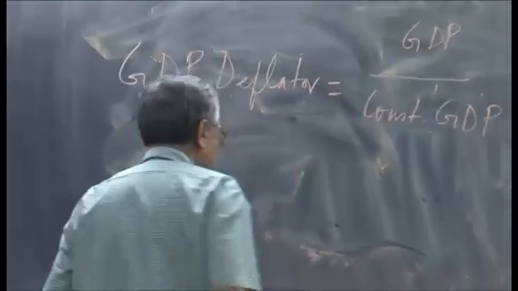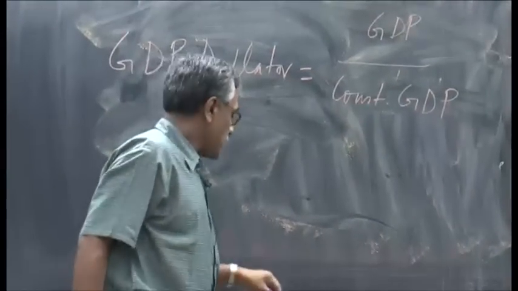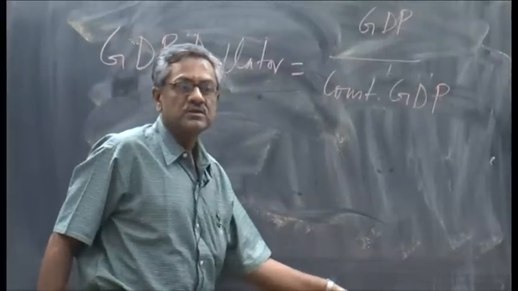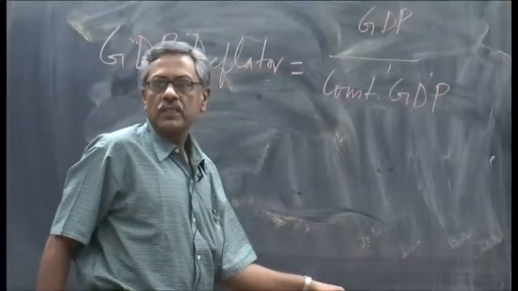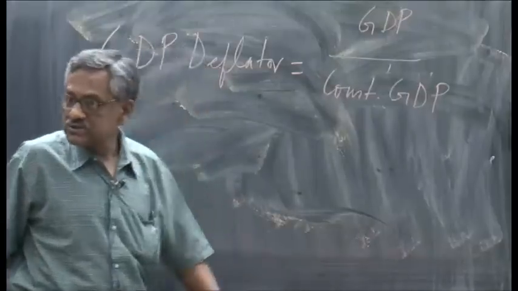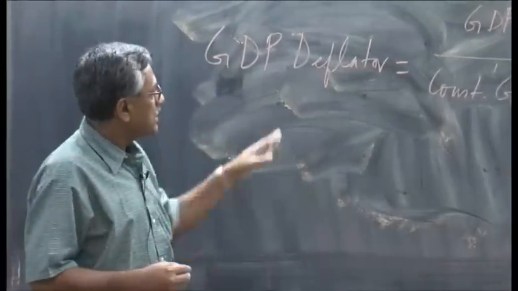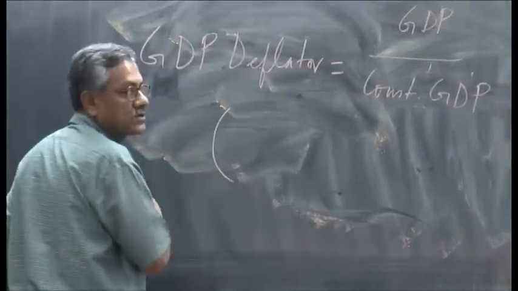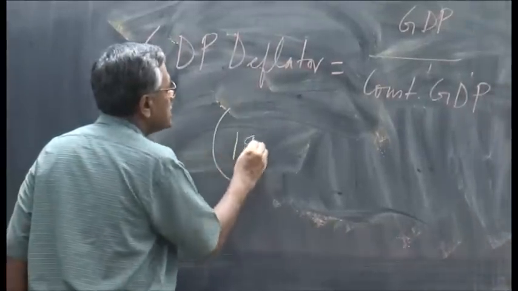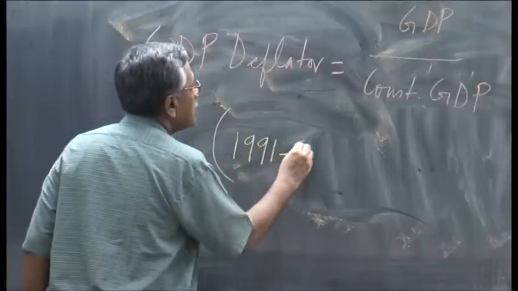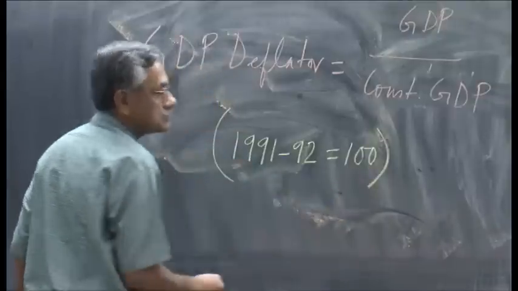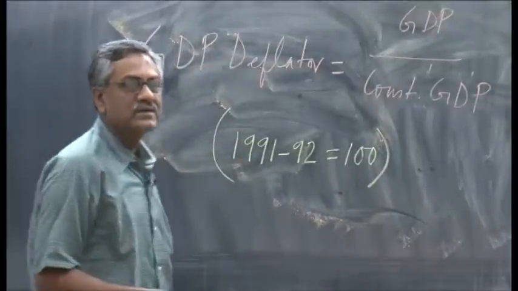This is the way, like in physics or chemistry, where you have a method used to write terms and symbols. Whenever they talk about the GDP deflator, they will tell you within brackets 1991-92 = 100. This is what they will write.